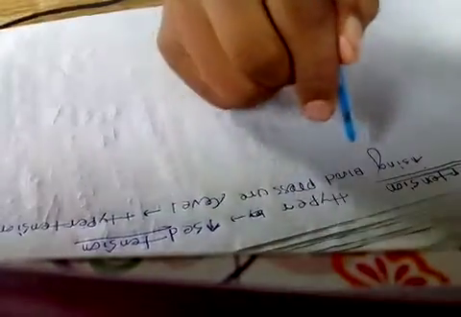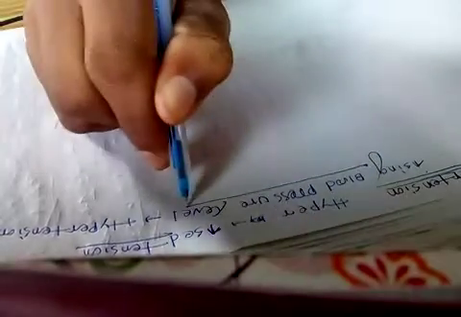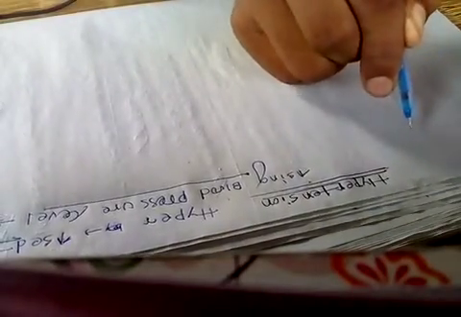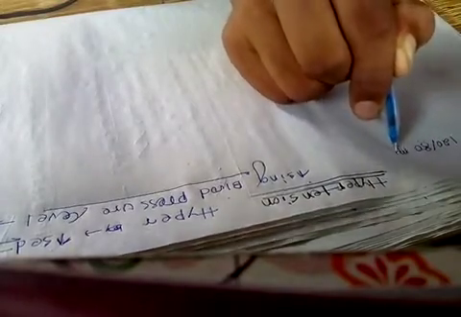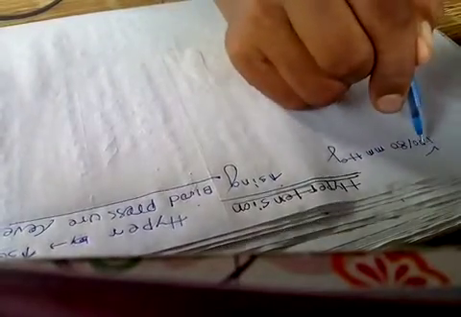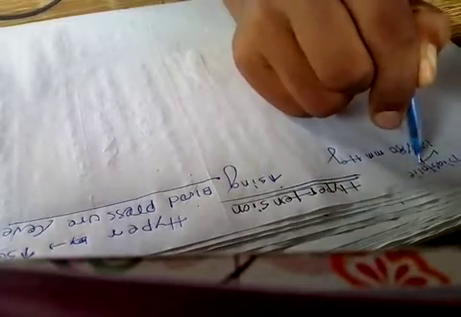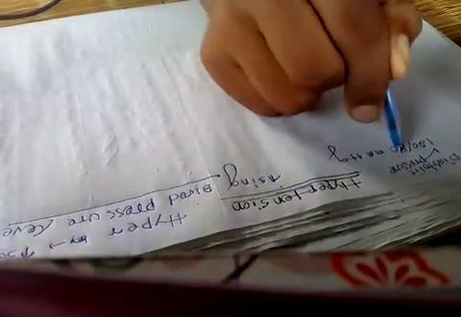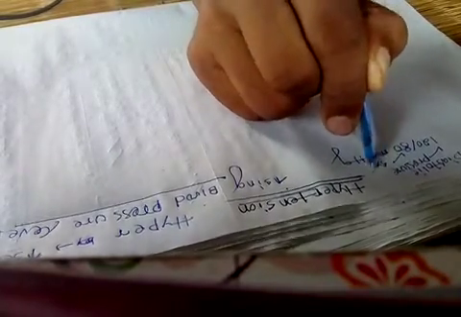Okay, hypertension. Before we discuss the increased blood pressure level, we should know the normal value of blood pressure, right? The normal value of blood pressure is 120/80 mm Hg. Here 120 indicates diastolic pressure and 80 indicates systolic pressure.